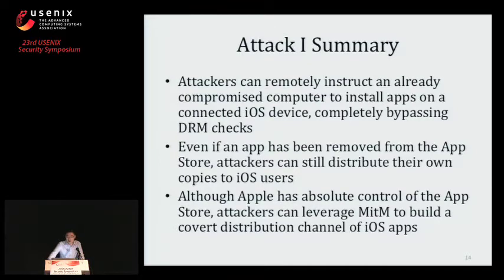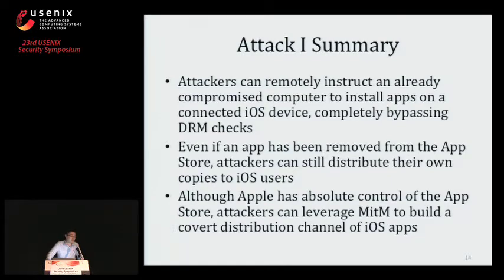And here is a short summary of the attack. So first, the attacker can remotely instruct an already compromised computer to install Jekyll apps on a connected iOS device, completely bypassing the DRM checks. More importantly, even if the app is already removed from the App Store, the attackers can still distribute their own copies to iOS users.